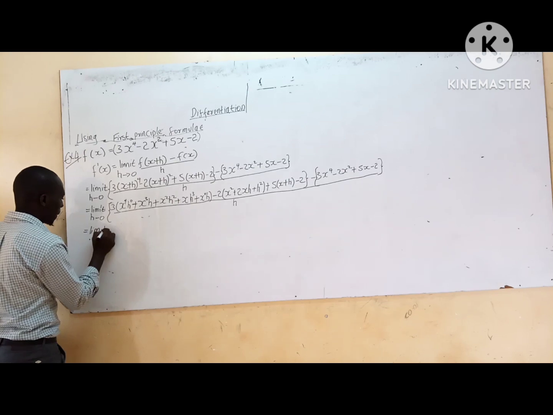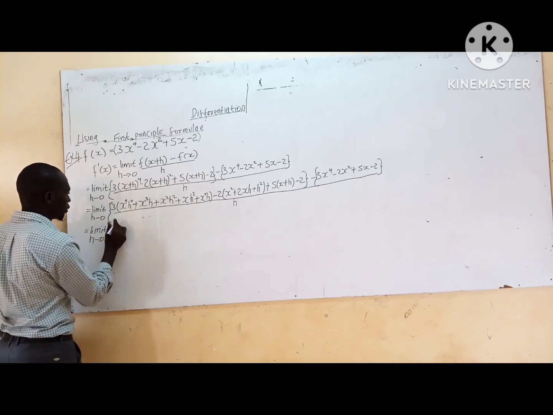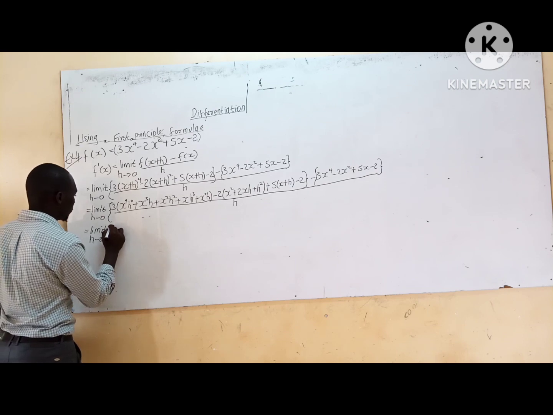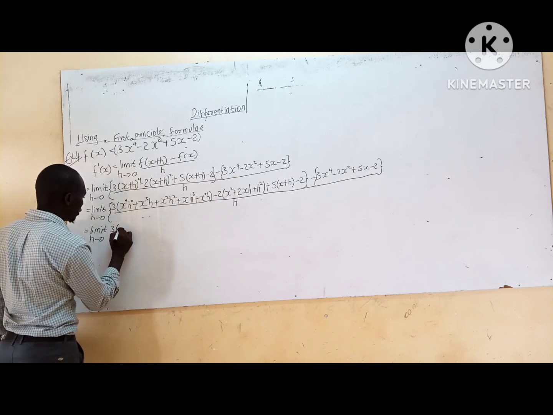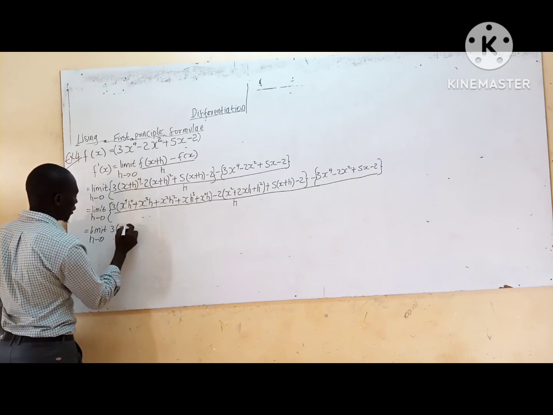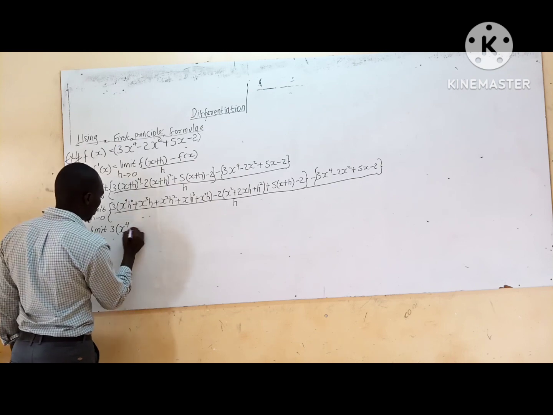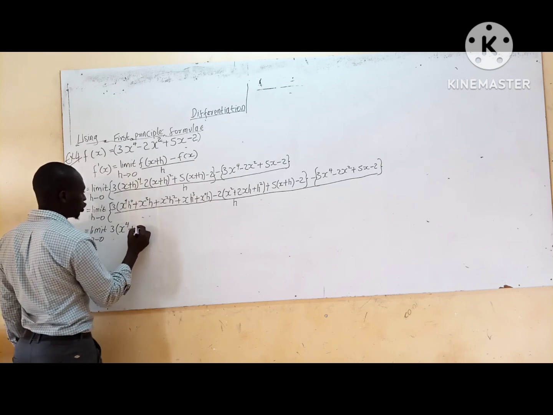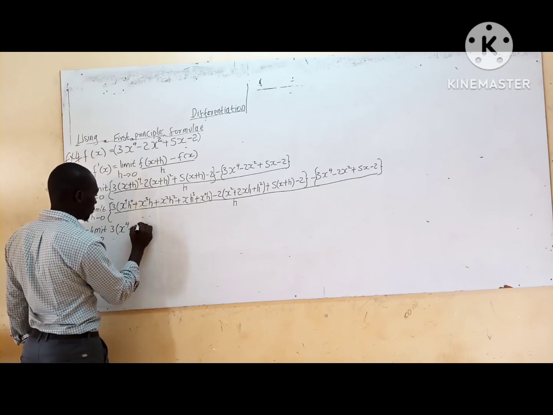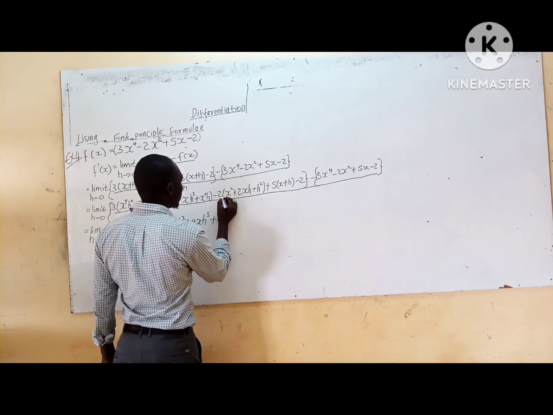Limit h approaching 0 will be equal to 3 into, here the coefficient will be 1, here the coefficient will be 4, and these other ones.